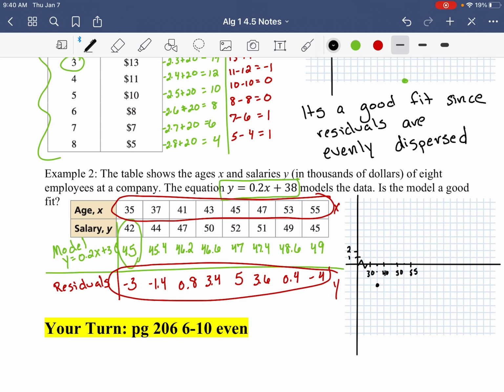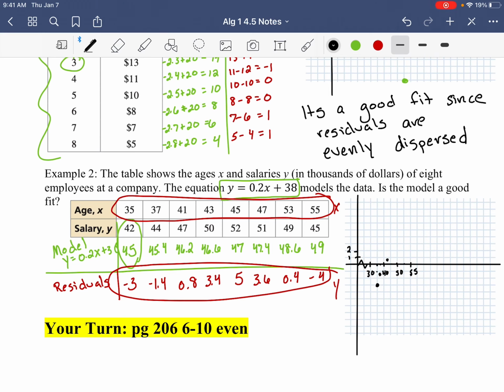At 37, just a little bit past 35, we're at negative 1.4, almost negative 1.5, so right about there. At 41, we're at 0.8, so almost 1 there.